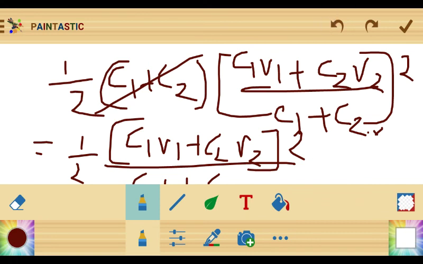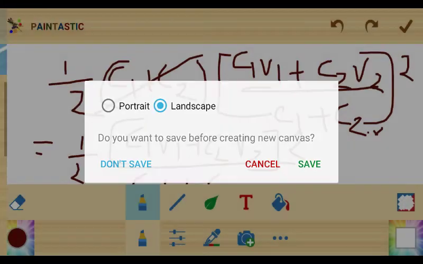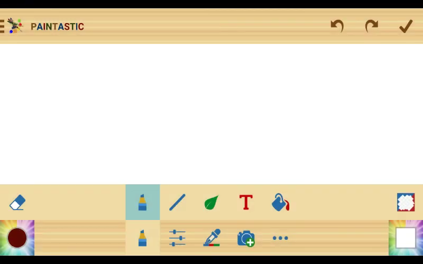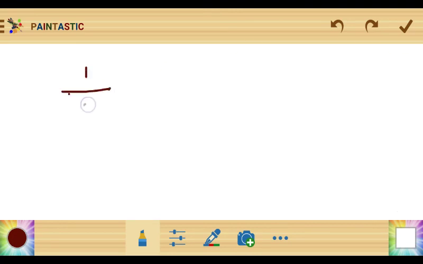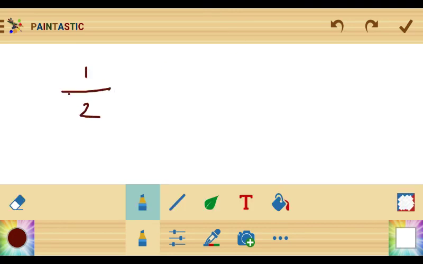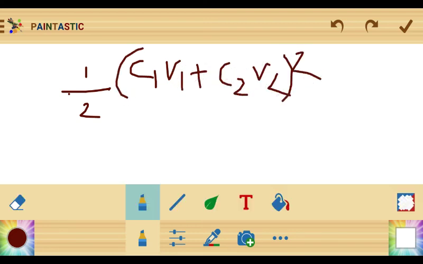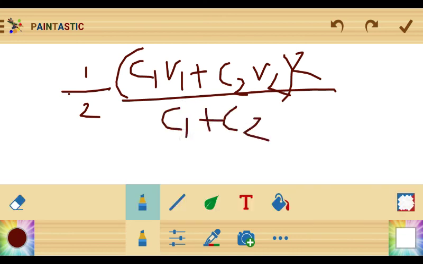Let me write it in a new slide. So it becomes half of C1 V1 plus C2 V2 whole square upon C1 plus C2, because one C1 plus C2 is already cancelled.